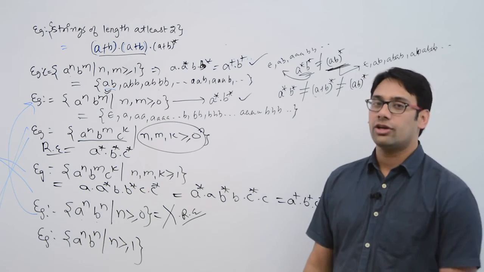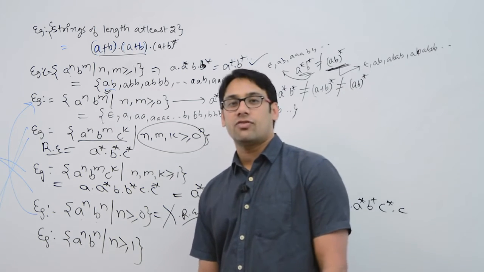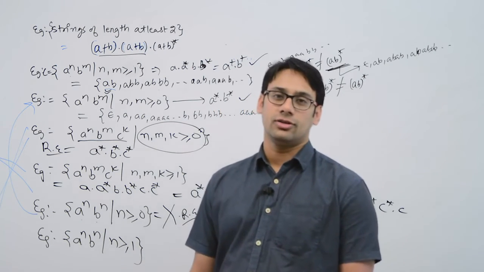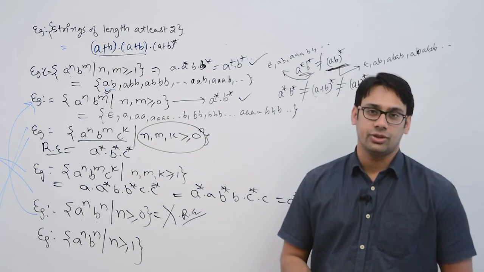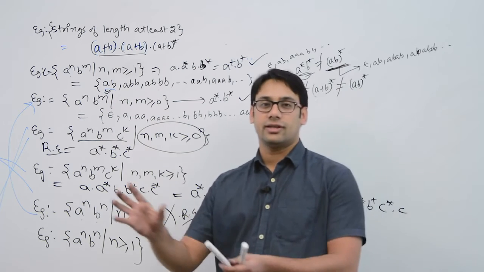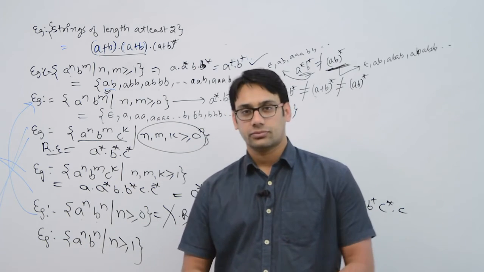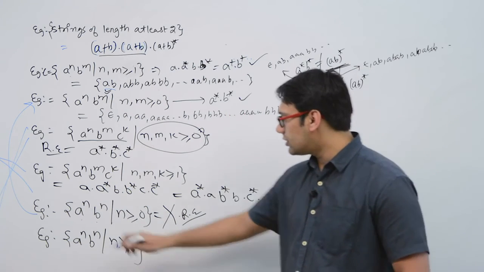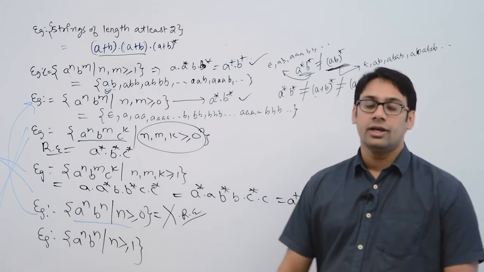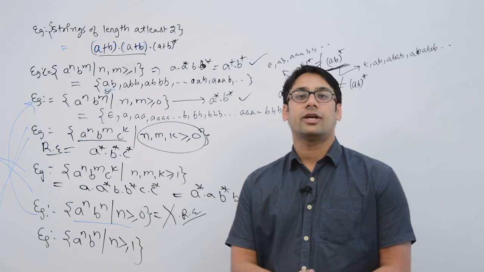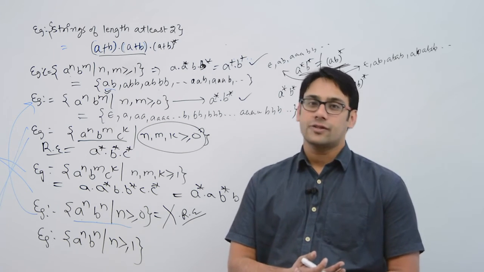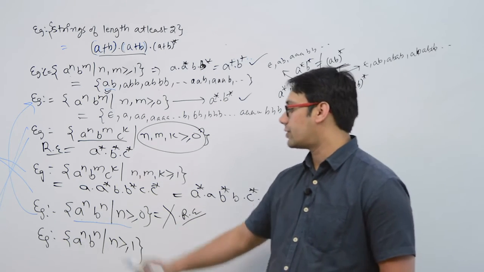Let me know if you can draw one, because the biggest award in computer science is the Turing Award. The Turing Award is named after the scientist Alan Turing, who you can say is the inventor of the Turing machine. But here a raised to power n, b raised to power n is not at all regular. We cannot make a finite automata. If it is not regular, how can you give a regular expression? Therefore, you cannot give a regular expression for this language.